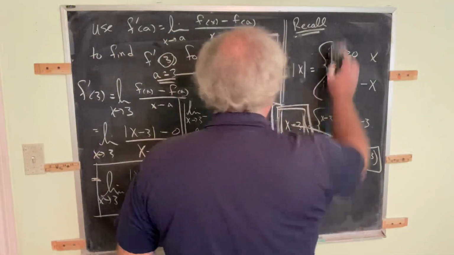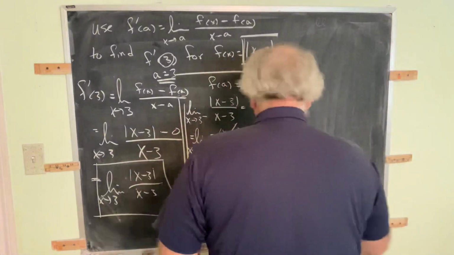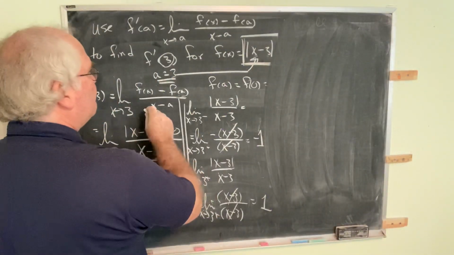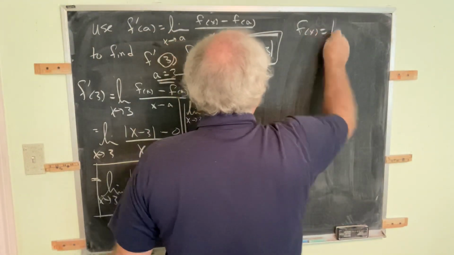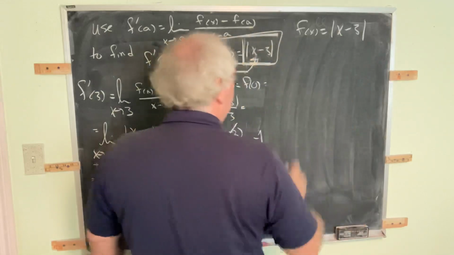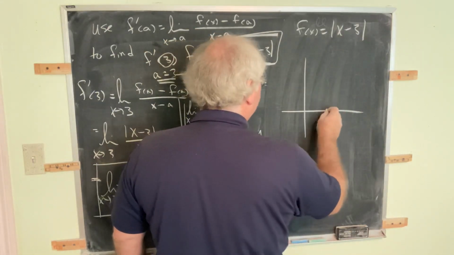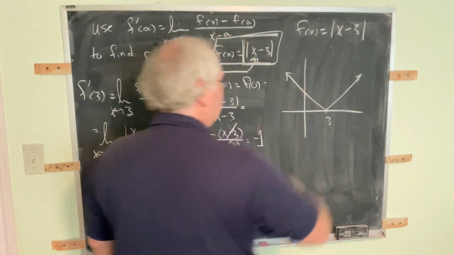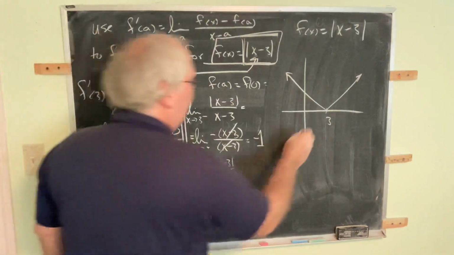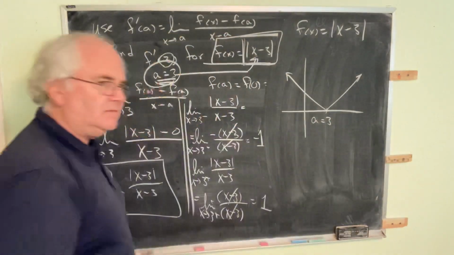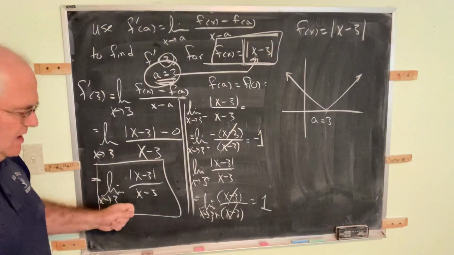The larger point is this. You know what the graph of this function looks like, or you should. This is the basic absolute value function shifted 3 units to the right. And we were trying to find the derivative at a equals 3. What this says is the derivative is this limit.